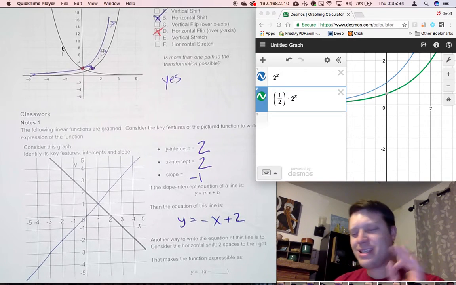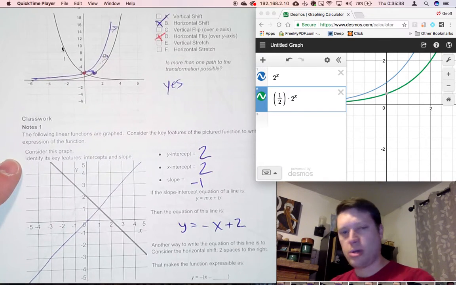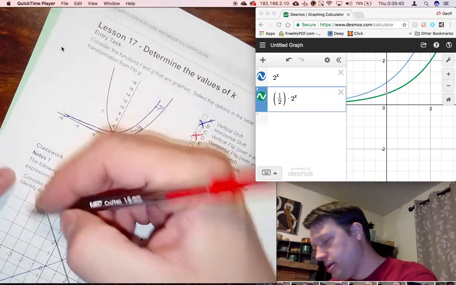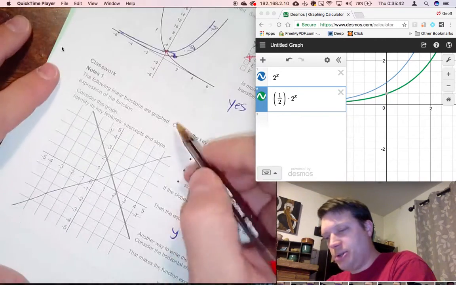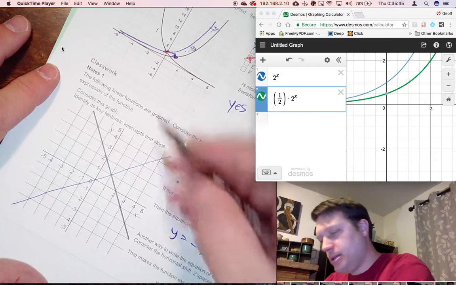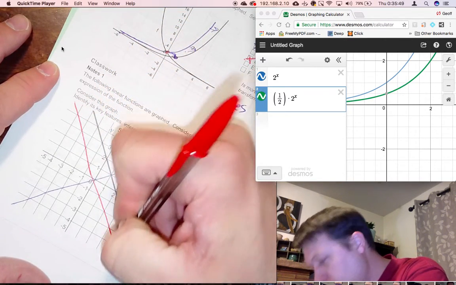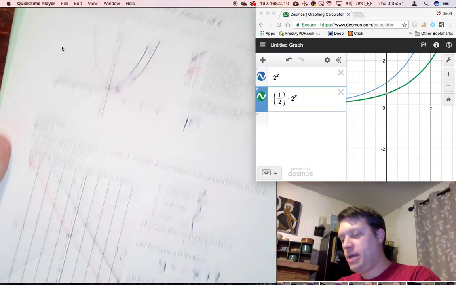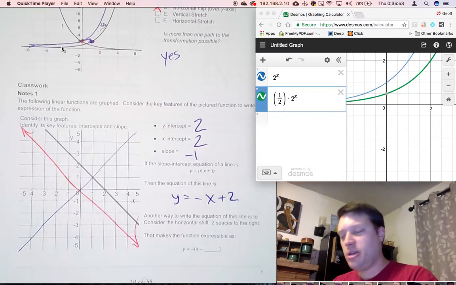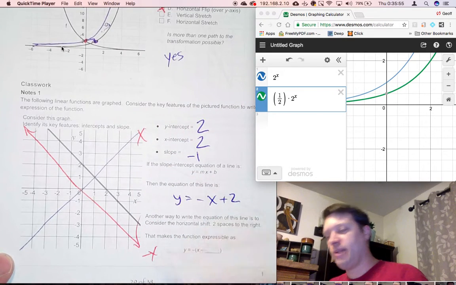If we just consider the shift of x to -x, so I'll graph that in red, that totally counts. That's a shift from x to -x.